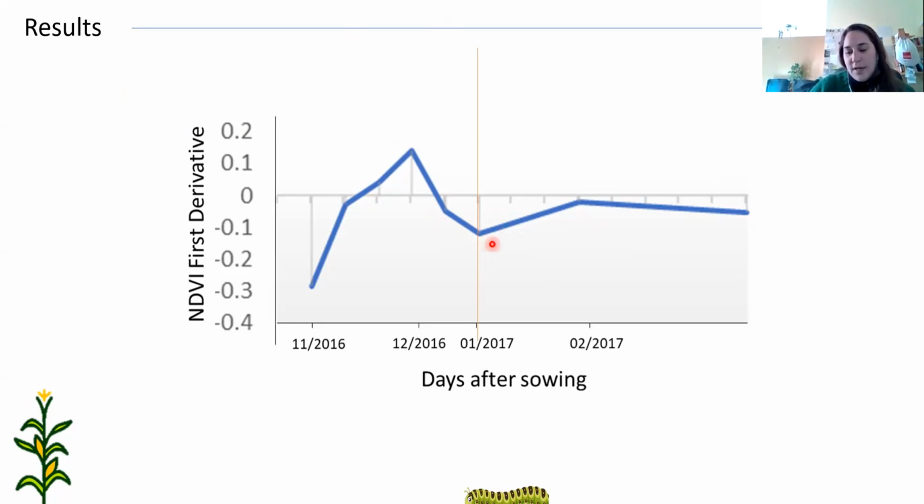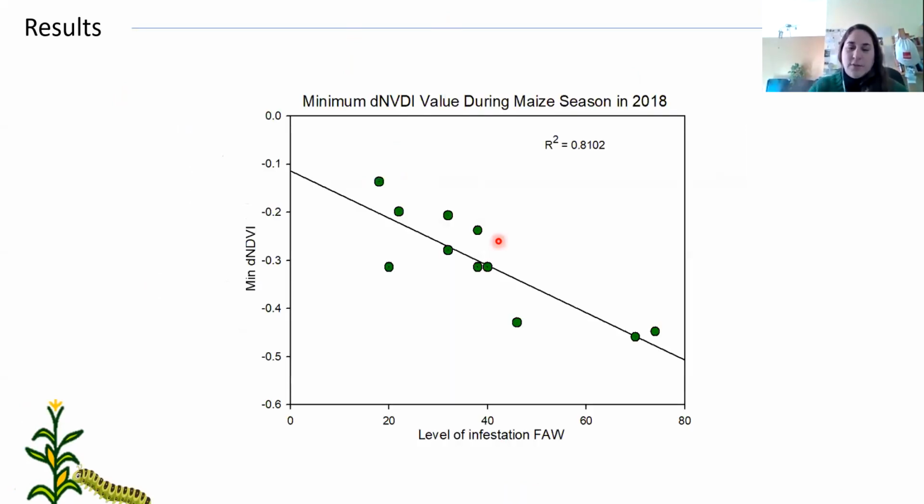We want to use this minimum first derivative to do a correlation with the level of infestation to see if they have a relationship.